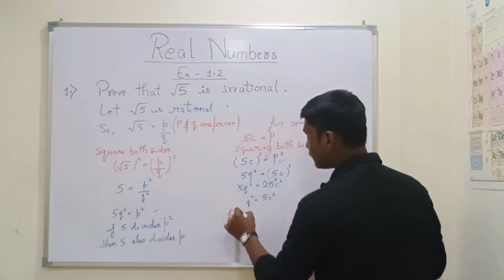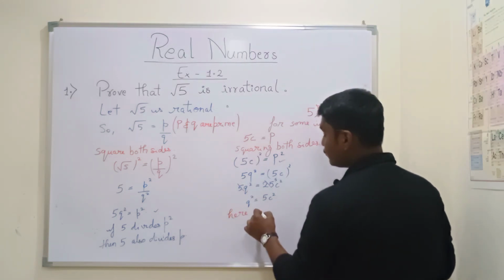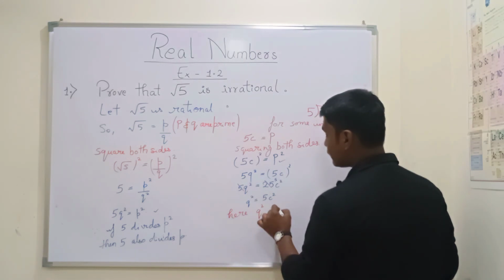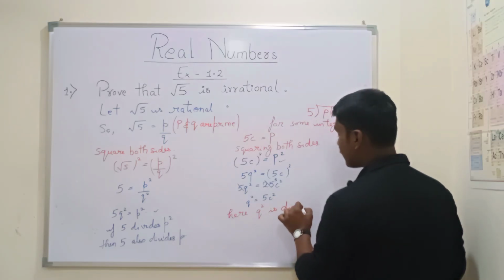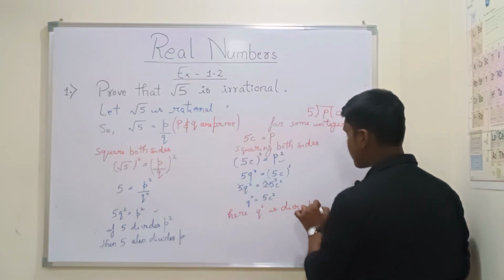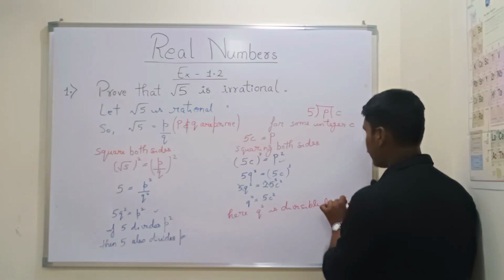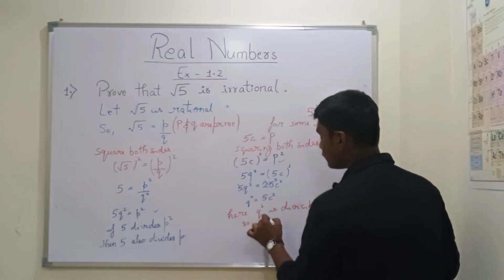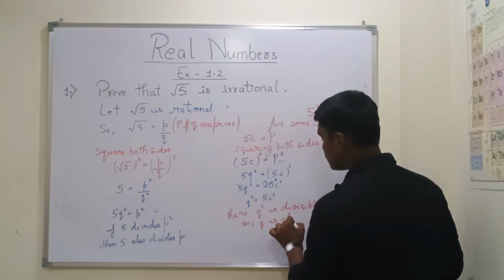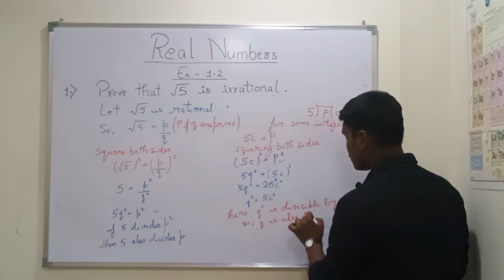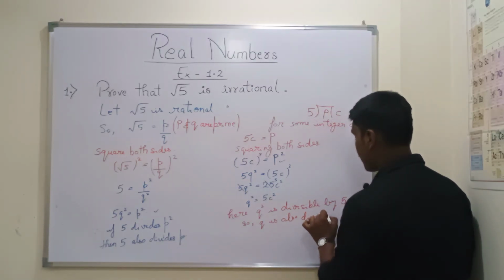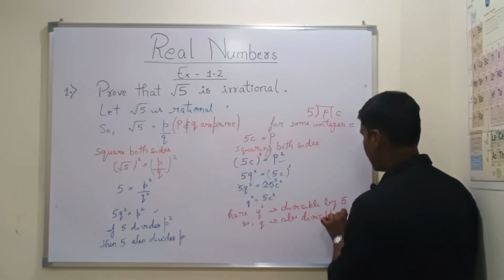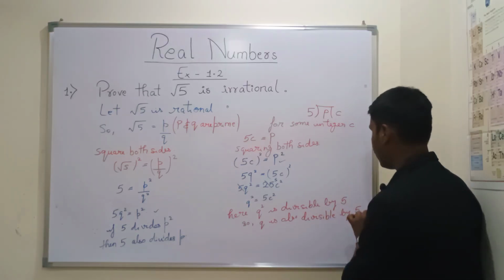Here Q square is divisible by 5, so Q is also divisible by 5.